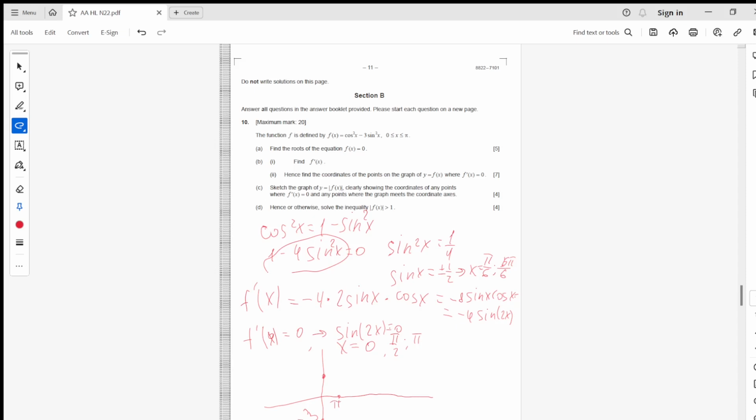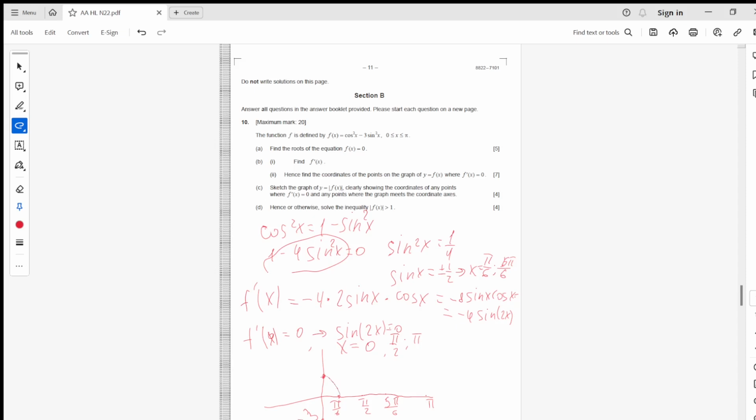It intersects the x-axis in points pi over 6, 5 pi over 6, and the derivative is equal to 0 in pi over 2 and pi.